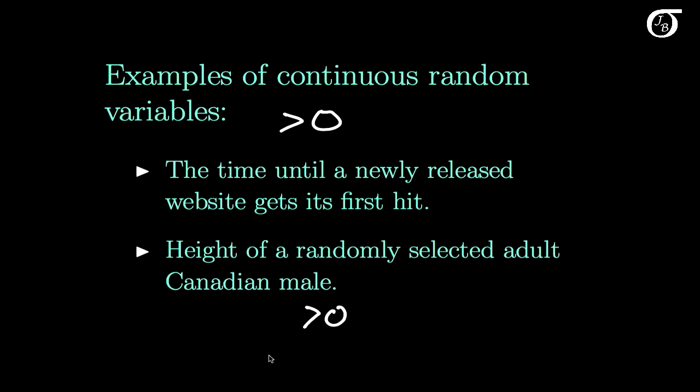So let's just say some value greater than 0, even though in practical cases, there's some more practical range of values. In either one of these cases, there aren't discrete jumps. It's not like a person is 174 centimeters tall, and then the next possibility is 175 centimeters tall. Anything in there, there's an infinity of values between those two possibilities. So these are continuous random variables.